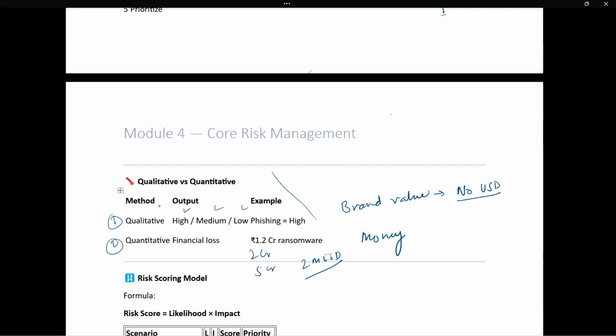Examples of qualitative risk could be risk to your brand value, risk to your reputation, risk to anything which cannot be measured in dollar value. Other risks are quantitative, risks directly to your assets, your tangible assets.